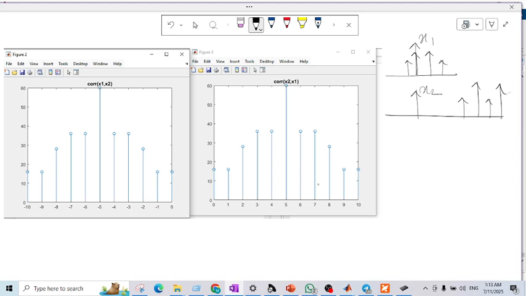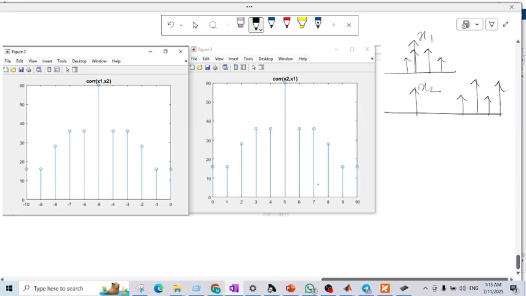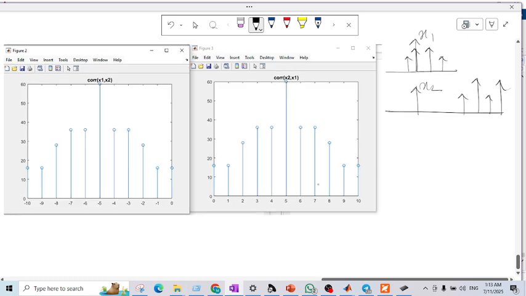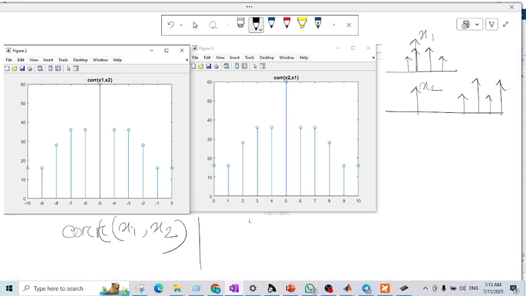So if you correlate x1 comma x2, this means that, okay, let me first talk about x2 comma x1.